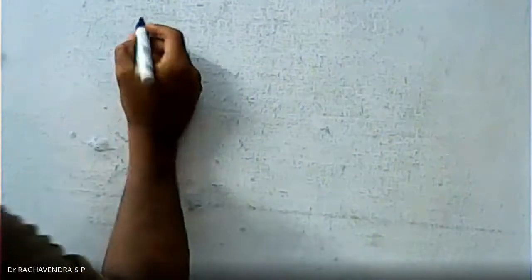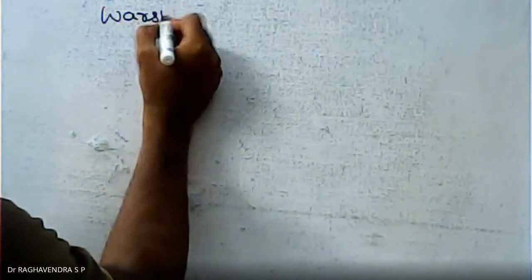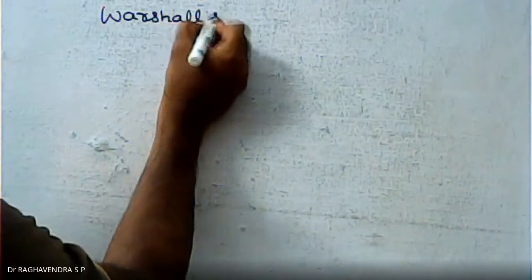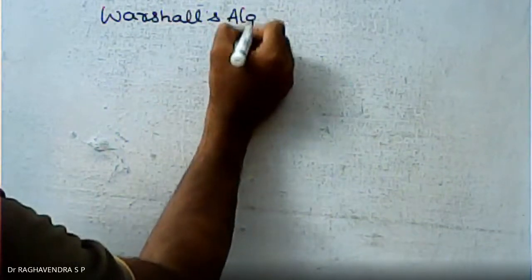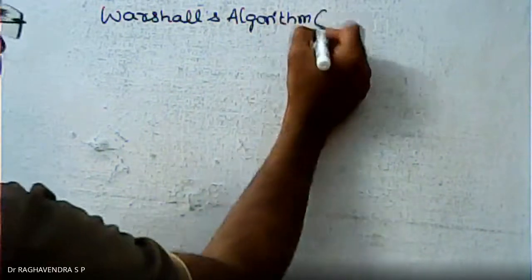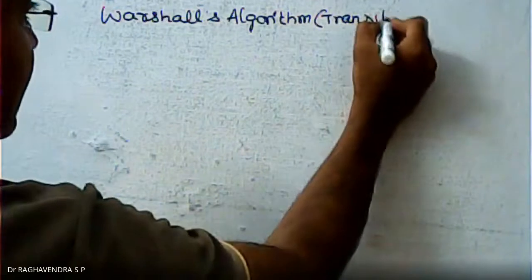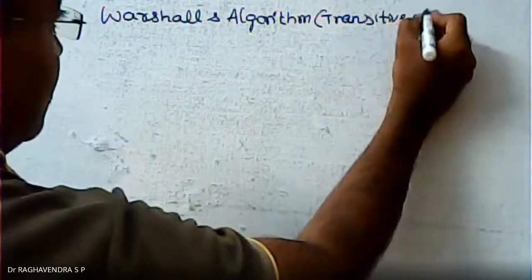So next we shall go for Warshall's algorithm. Make your notes. Warshall's algorithm. In bracket we can call this transitive closure.